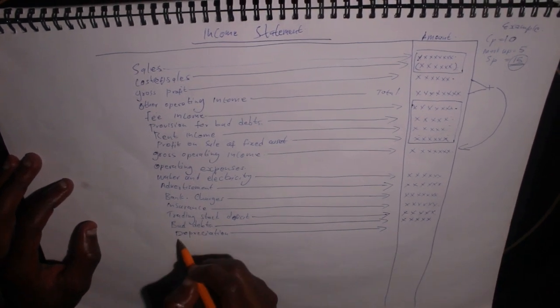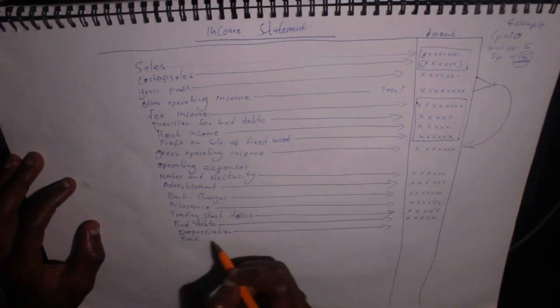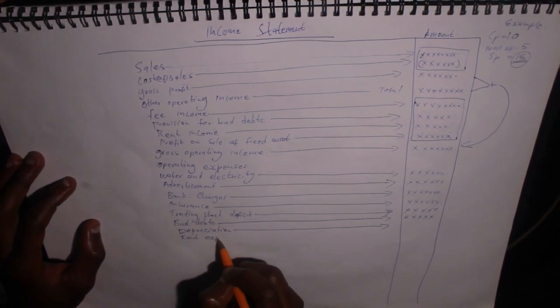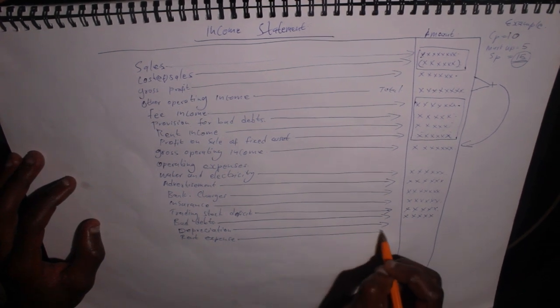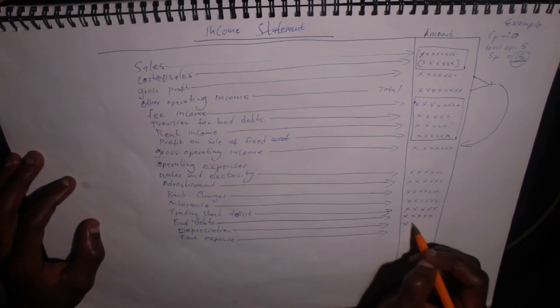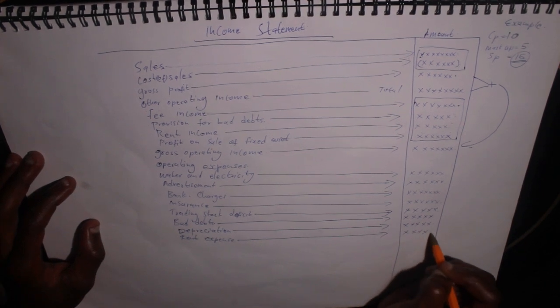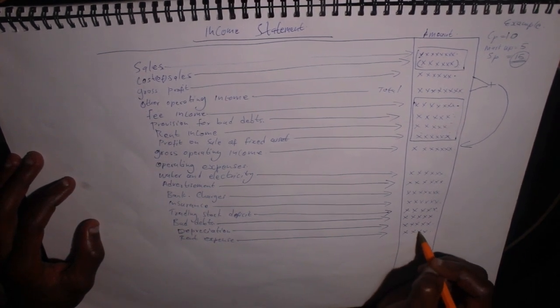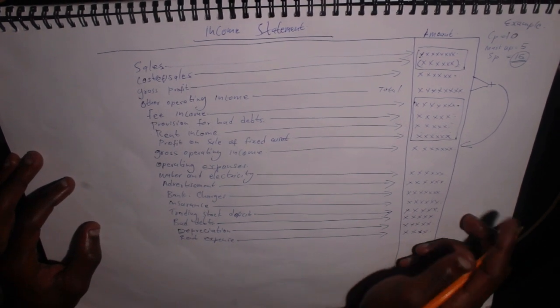And sometimes we might be renting, so we also have what we call rent expense. If we are renting something, like we're renting a studio or an office, we must show that expense there.